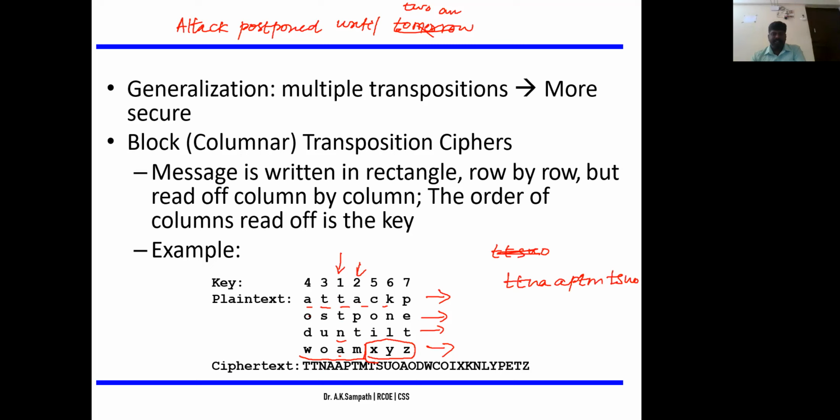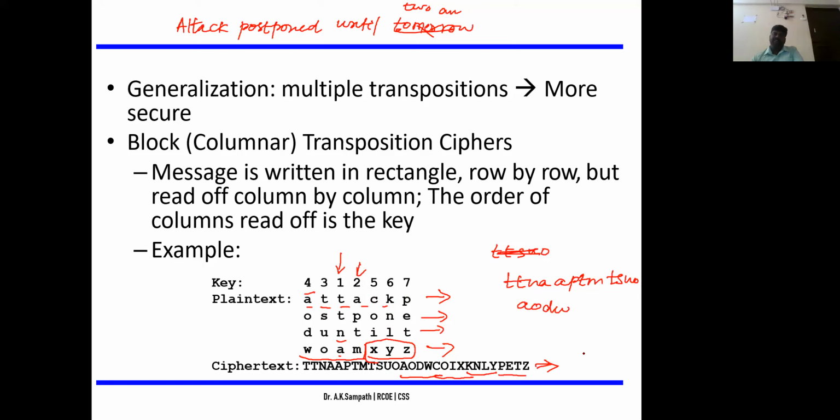The fourth column is AODW. The fifth column is COIX. The sixth column is KNLY, and the seventh column is PETZ. This column transposition value will be transferred to the receiver.